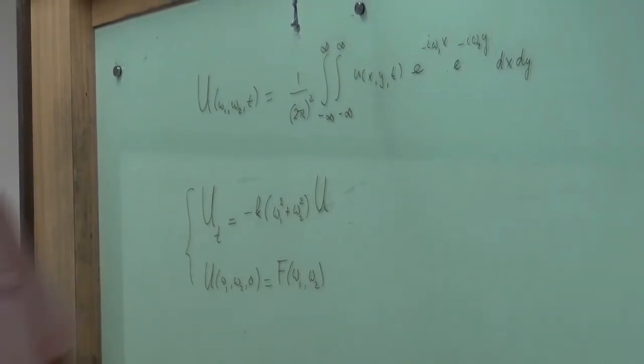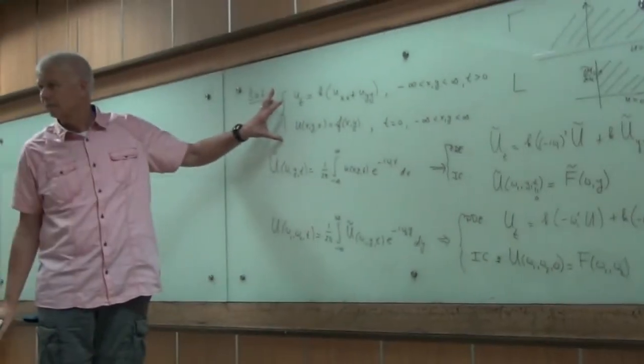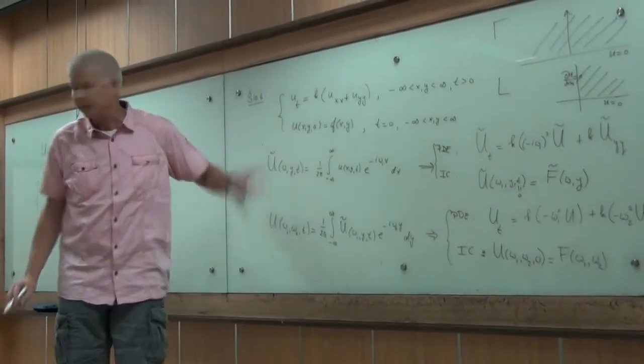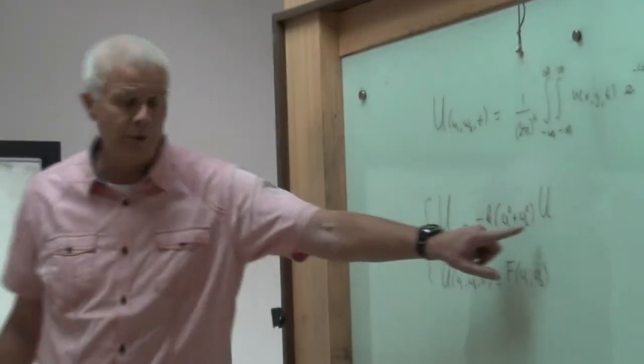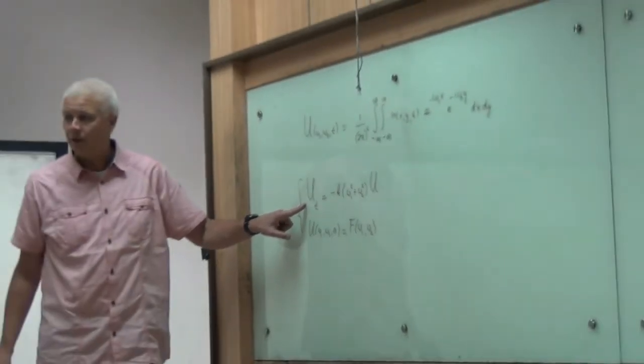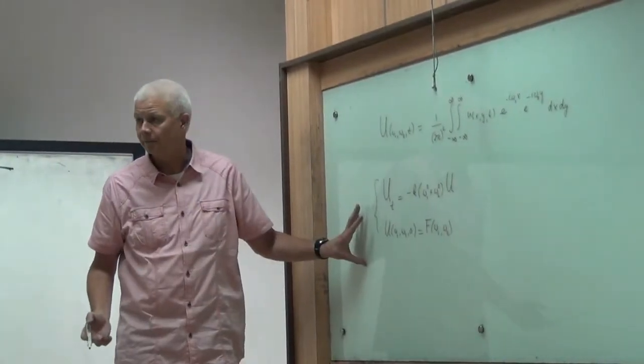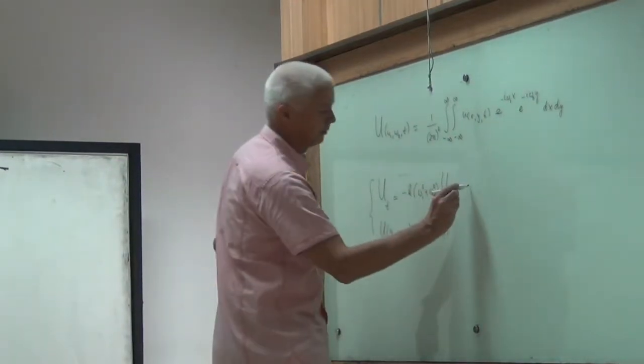So I started from a problem over here, which was difficult. I don't know how to solve it. After the Fourier transform, I arrive here at a problem that looks like an ODE, and I can solve that. So I go from an unsolvable problem to a solvable problem in another domain. So I can write down the solution.